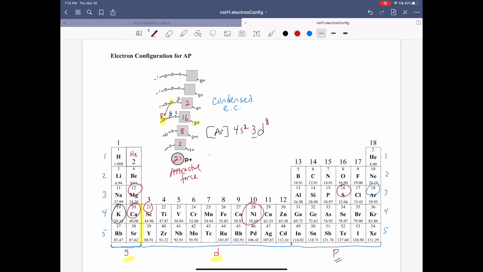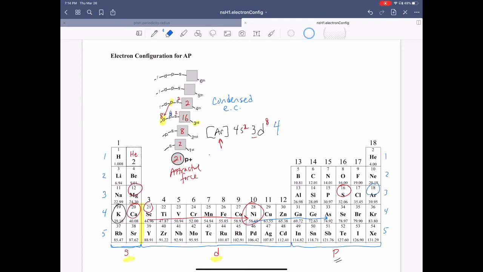Some of those are not showing, of course, because they're part of argon, but then the 8 d electrons for nickel. If we continue on, and we maybe move across to, say, arsenic, we would be back in the P block, and of course we're in the 4th energy level.